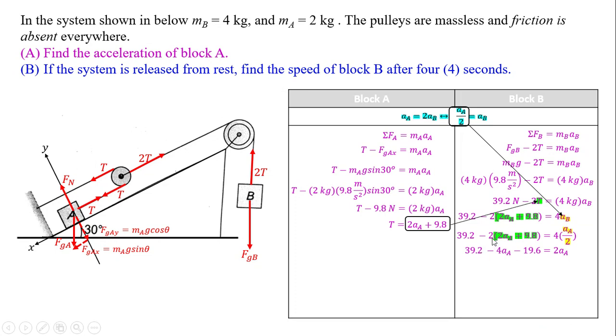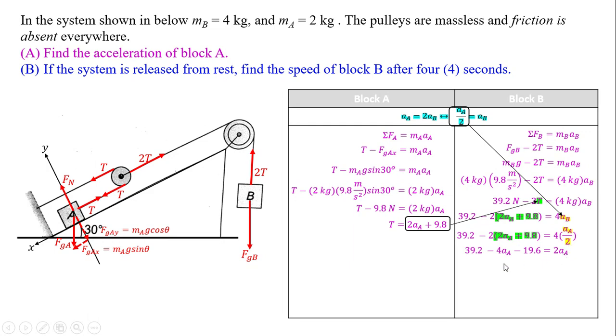So here I'm just going to distribute the 2 to the whole parenthesis. 2 times 2 is 4, and 2 times 9.8 is 19.6, and it's negative because the negative is in the front here. So 39.2 carry down. Negative 2 times 2 is negative 4. Negative 2 times positive 9.8 is negative 19.6, and then 4 over 2 is just 2.